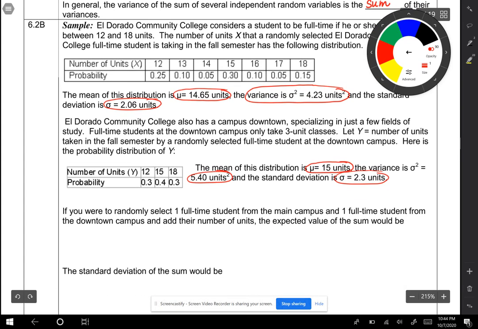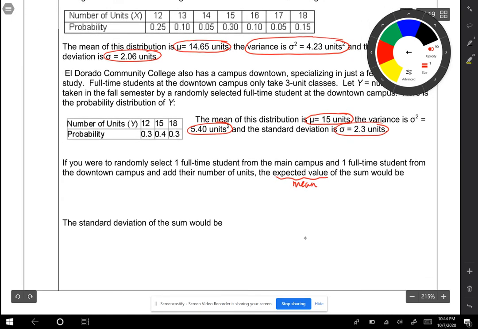If you were to randomly select one full-time student from the main campus and one full-time student from the downtown campus and add their number of units, the expected value, so mean, of the sum would be, so the mean of their sum, so x plus y, would be equal to the mean of x plus the mean of y.